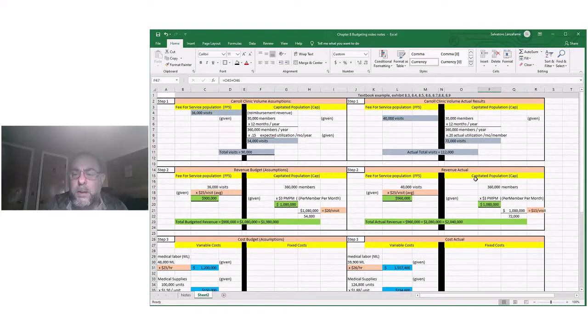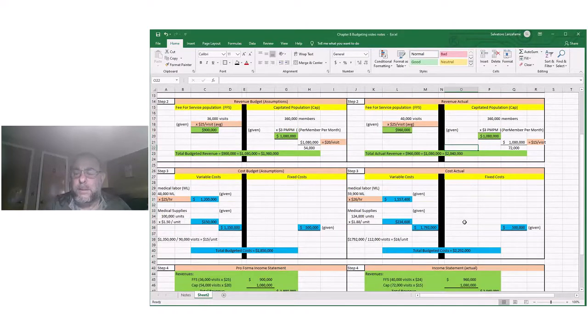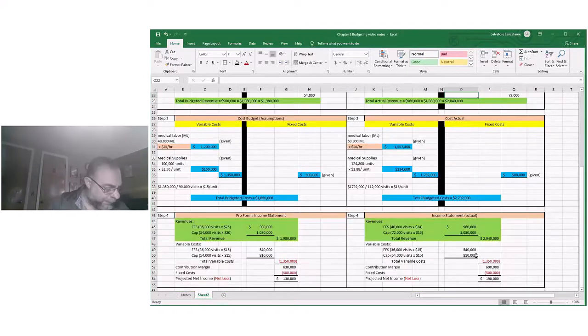Did I have that number up here somewhere? Oh, there it is right here, in step 2. And for variable costs, we're going to be using the same FFS quantity, so 40,000, and the same cap visits, which is the 72.